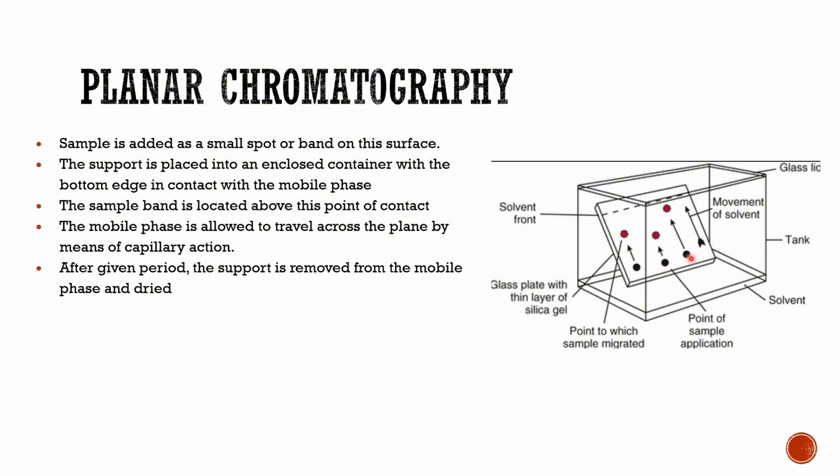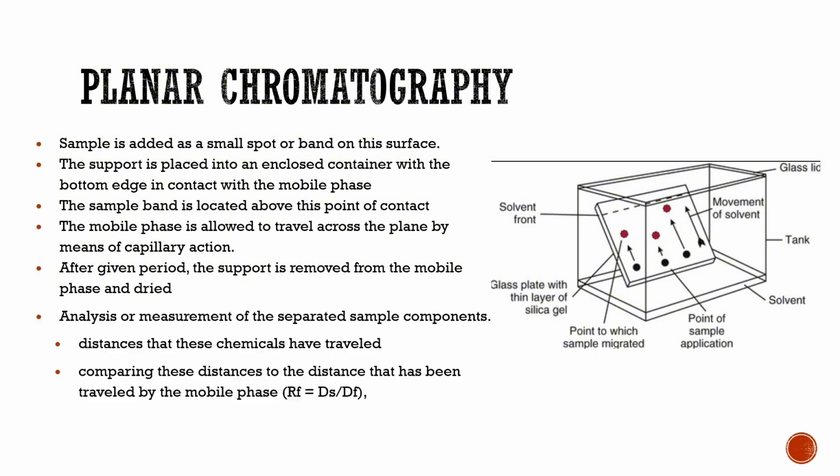So the mobile phase will travel along the stationary phase and also the sample will travel. And at a certain time, we remove the stationary phase from the mobile phase. Then we analyze the distance the sample traveled along the stationary phase, and compare it with the distance traveled by the mobile phase. This is what we call calculating the retardation factor.